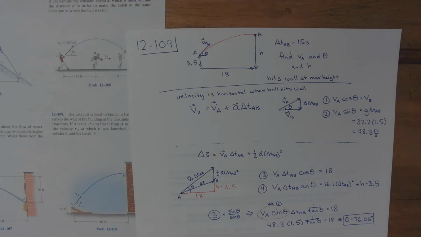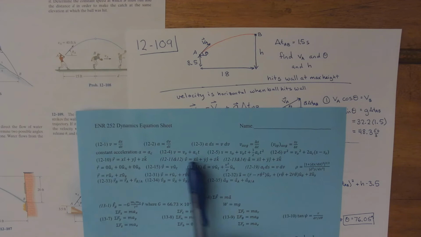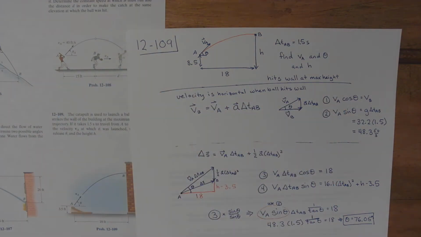And I said in a previous video, usually we're not given the final velocity, so the only time we would use this equation is when we're looking for the final velocity, but in this case we actually have to use this equation even though we don't know the final velocity, because we're given information about the direction of the final velocity.